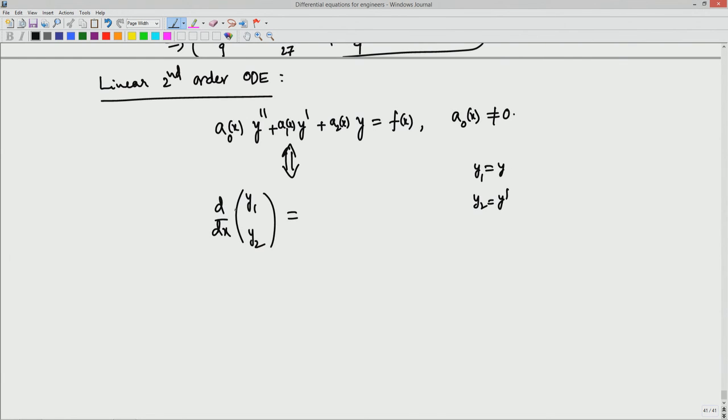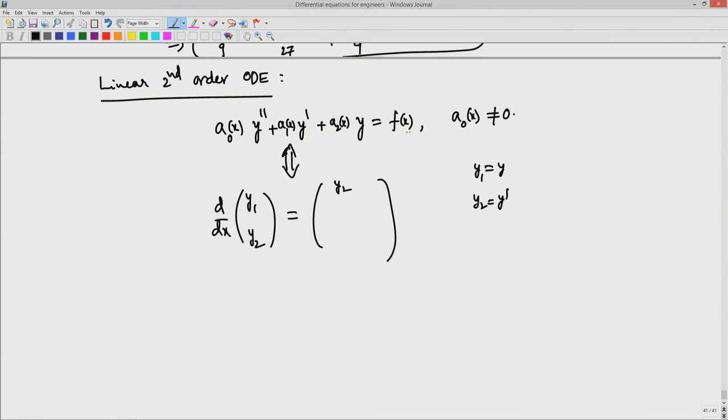Okay, so you have dy1 by dx, which is dy by dx, that is y dash, which is equal to y2. So I have y2 is the first equation, dy1 by dx is y2. What is your y2 dash? d/dx of y2 is y double dash.